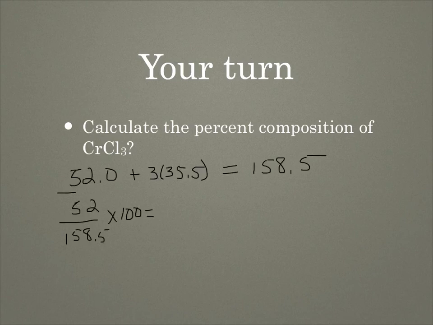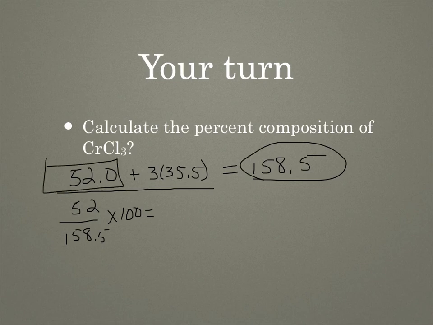Okay, so if we add it up, 52 plus 3 times 35.5 gives me molar mass 158.5. To find chromium, take the part, 52 divided by 158.5 times 100, gives me 32.8%.